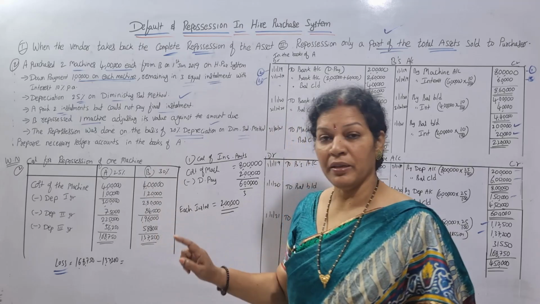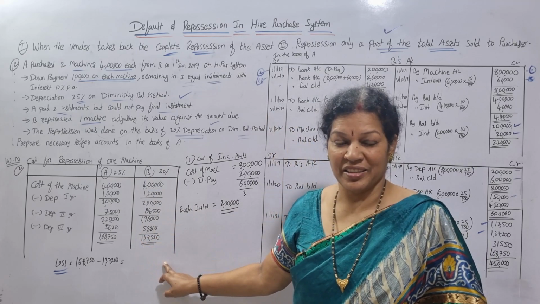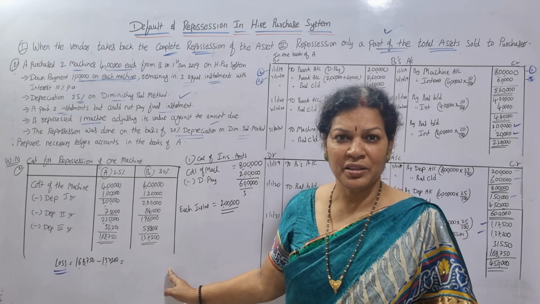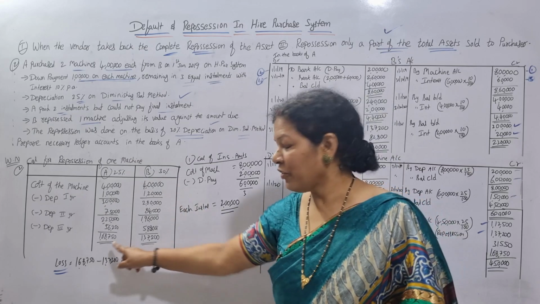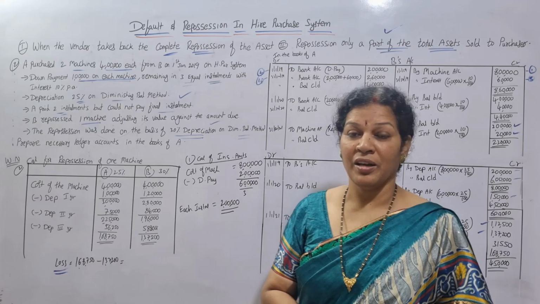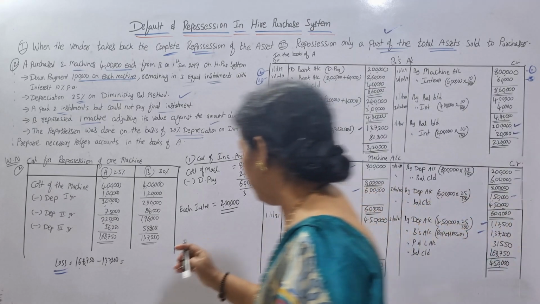But as per B, the value is 1,37,200, decreasing. A is saying the asset value is this much, but B is saying 30%, so the value is less. The difference between these two will be loss. If you calculate, you will get a loss of 31,550.